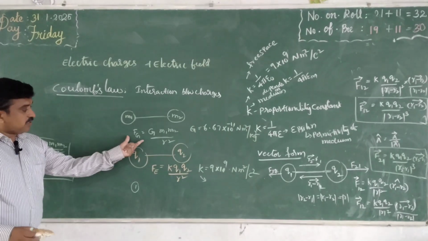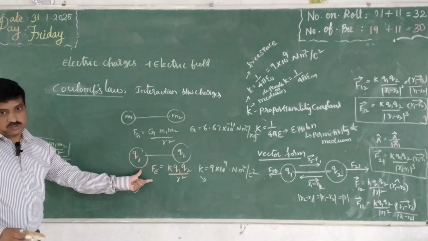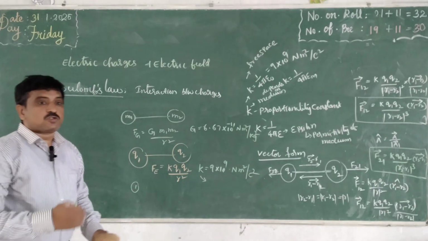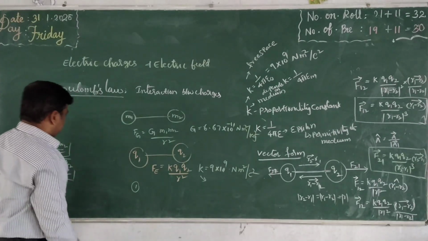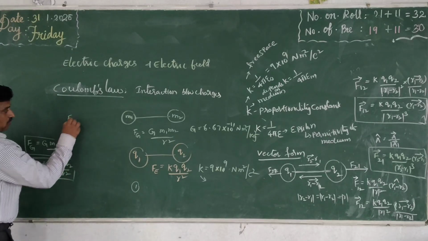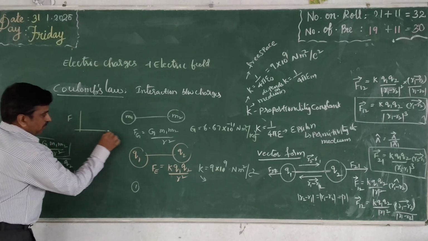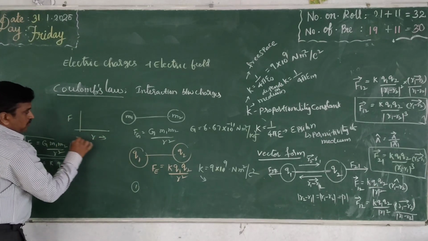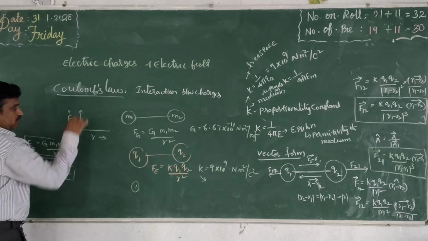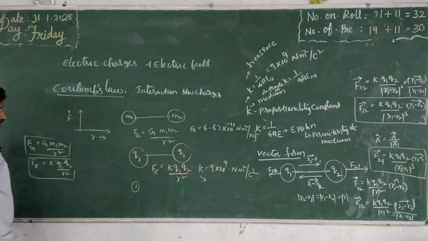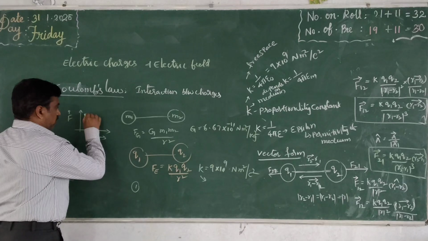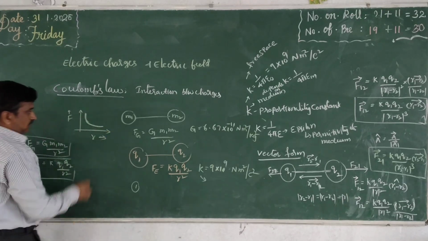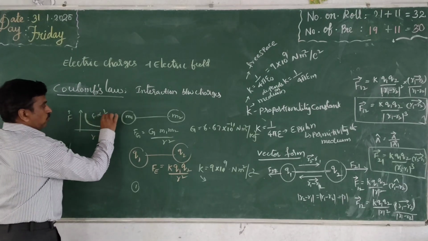Both gravitational force and electrostatic force follow the inverse square law. Inverse square law means, for example, if we draw the graph of force and distance, with force on the y axis and distance on the x axis, we get a graph like this, so F is proportional to 1 by r square.